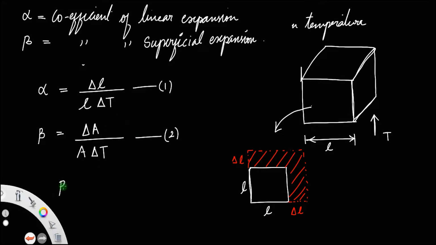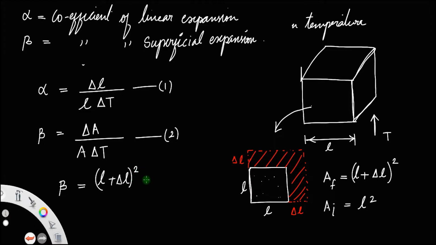We have beta equal to change in area, where the final area, let's call that AF, will be L plus delta L whole square, because the length of the new square is L plus delta L, and the initial area is L square. So change in area means L plus delta L whole square minus L square, divided by the original area L square times delta T.